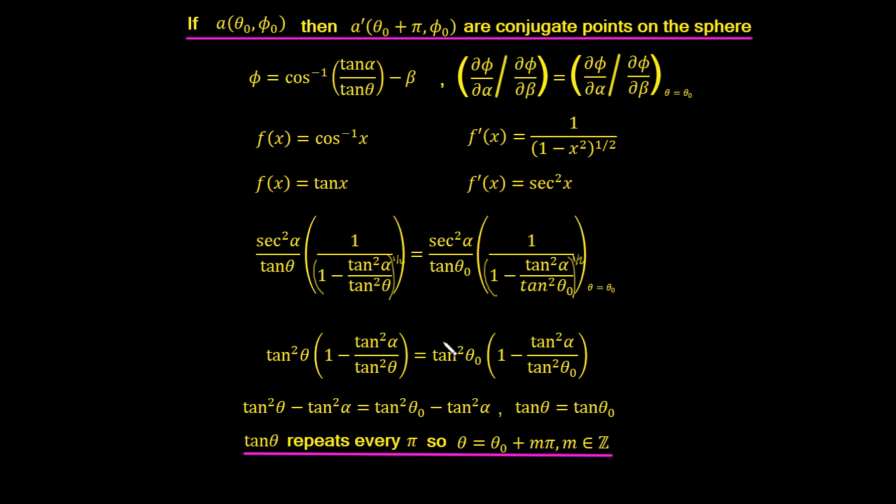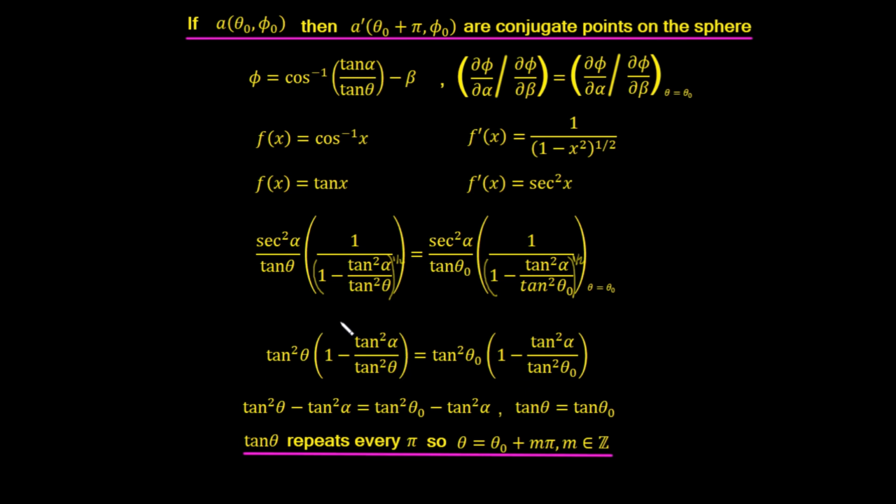And as I said, we're going to square them as well, so we'll get tan squared theta and tan squared theta naught. And again, when we take the reciprocal of what's inside the brackets, we're going to be left with 1 minus tan squared alpha upon tan squared theta, and the power of a half just disappears because we've squared it, and the same on this side as well. So we're going to be left with this equation here.